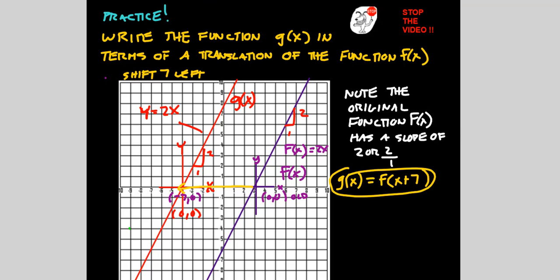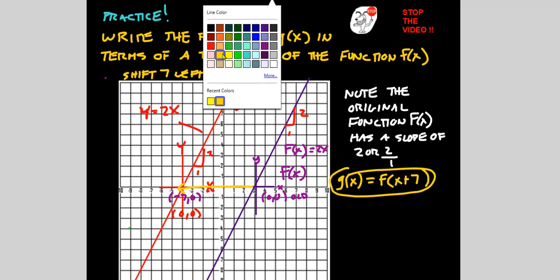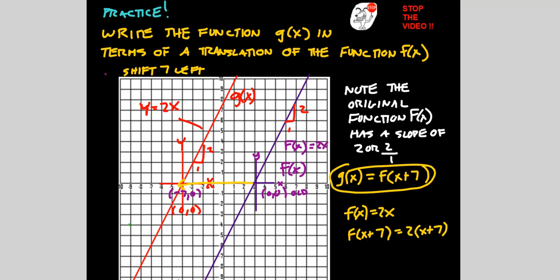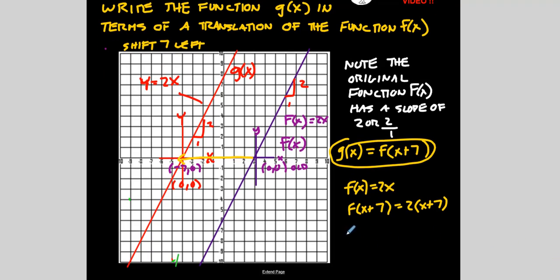Okay, so back to this. Let's look at what f of x is. F of x is going to be 2x here in terms of the original function. So that means f of x plus 7 has to equal 2 times quantity x plus 7, because everywhere there's an x, I'm replacing with x plus 7 when I do this. So now another way to write this function would be g of x equals 2 quantity x plus 7.